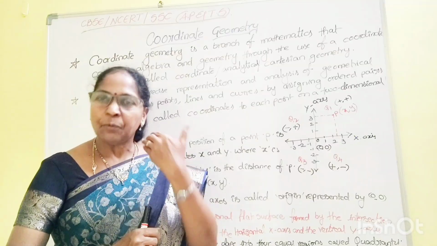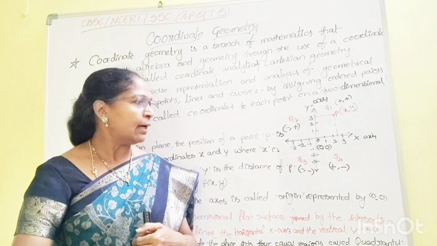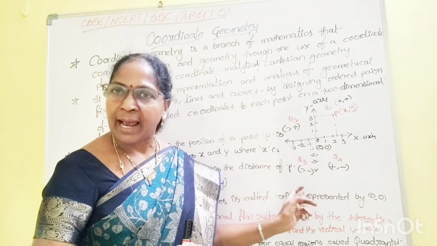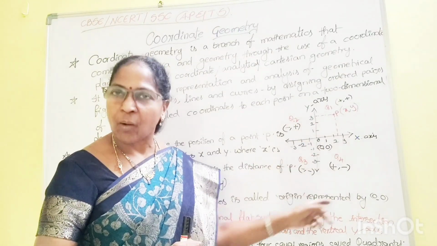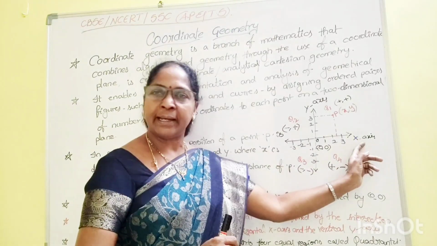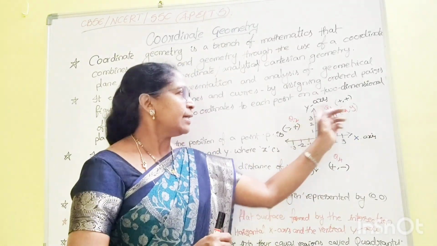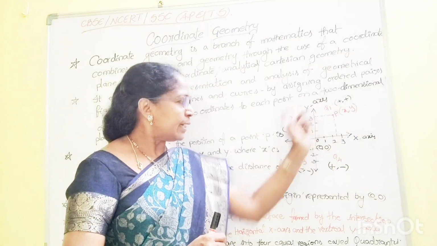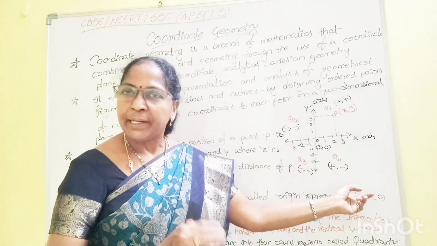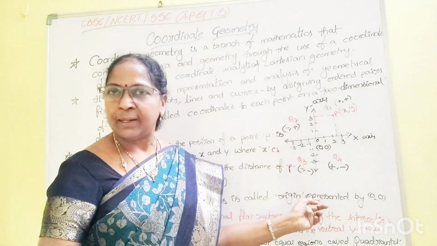A coordinate plane is a two-dimensional surface that is determined by the intersection of two axes. Those two axes are the horizontal line, which we call the x-axis, and the vertical line, which we call the y-axis. This entire thing we call the Cartesian plane or coordinate plane.